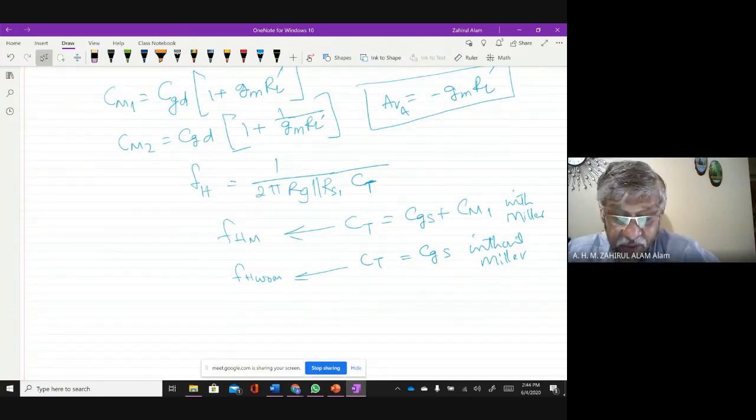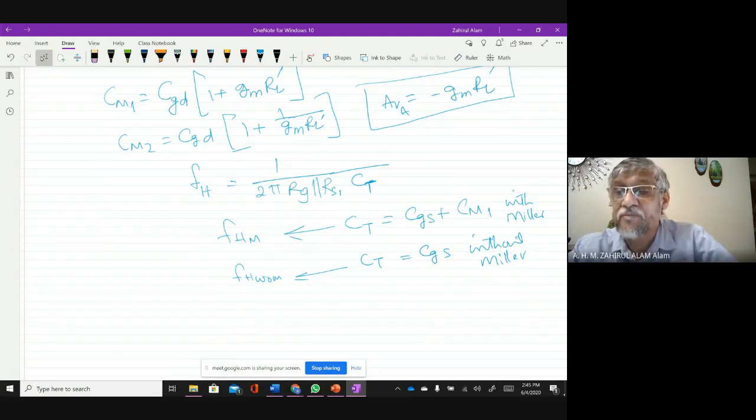So these are all the deciding equations. Then what you need to go through? You need to go through this slide, and also our previous lecture. Probably next week I'm going to take another quiz, based on short circuit current gain and Miller's theorem. So note it down.